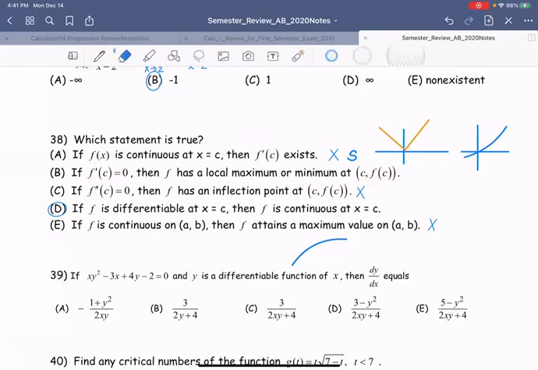Let's look for a counterexample, okay? So I'm going to draw a graph.